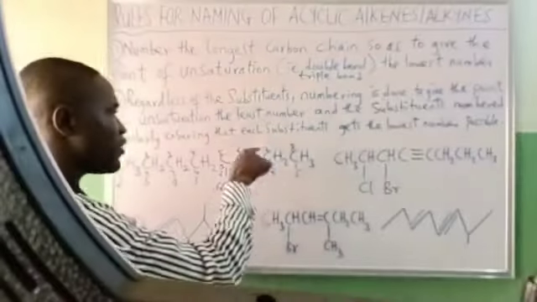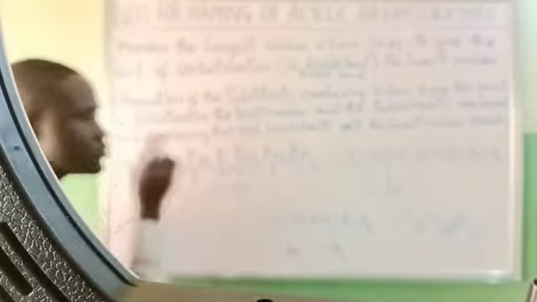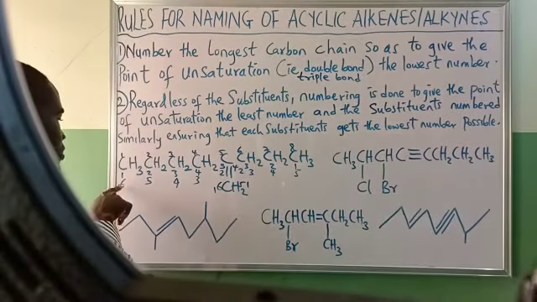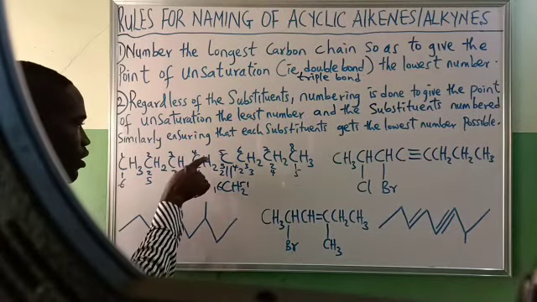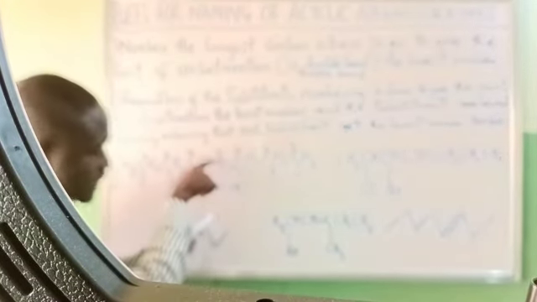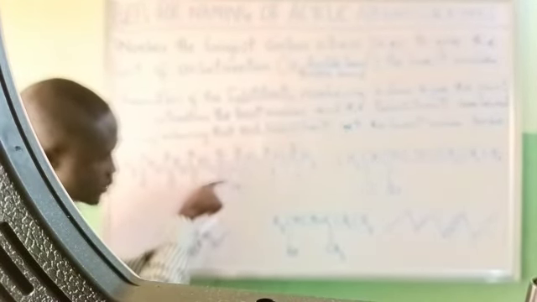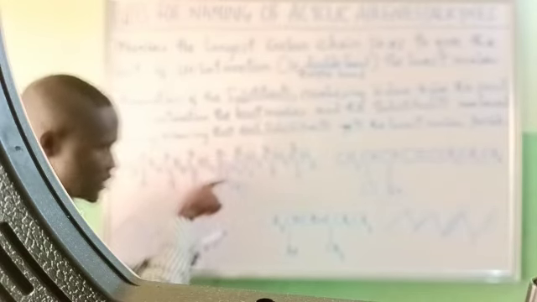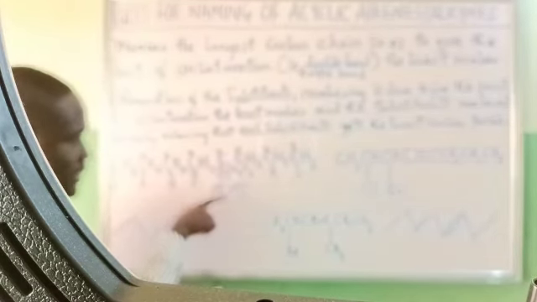The first way gave us 8, the longest, but didn't accommodate this double bond. The second way said 1, 2, 3, 4, 5, 6. It accommodated the double bond, but it's giving this double bond 5, because the carbon where this double bond is located is carbon 5, not carbon 6.